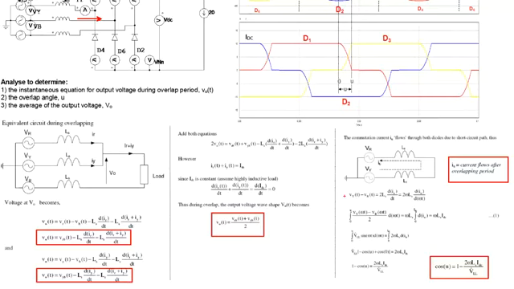We can follow this route if you like, or that route. So we have minus Vy plus Ls diu over dt plus Ls diu over dt plus Vr, and that gives you this equation: Vy minus Vr equals to 2Ls diu over dt, equals to 2 omega Ls diu over d omega t, or d theta.